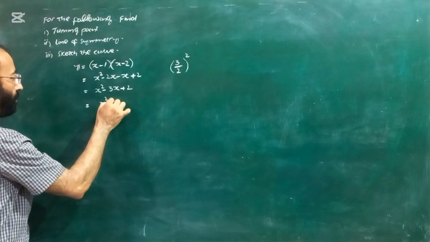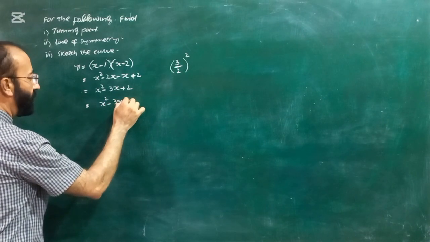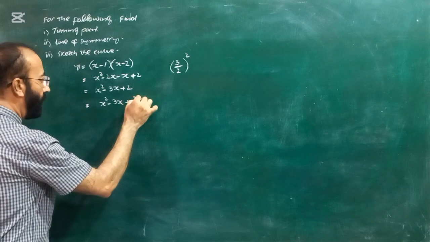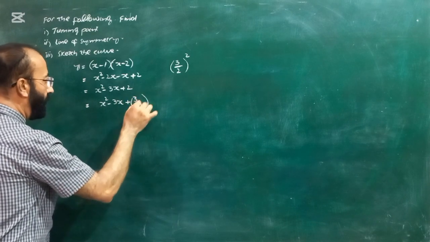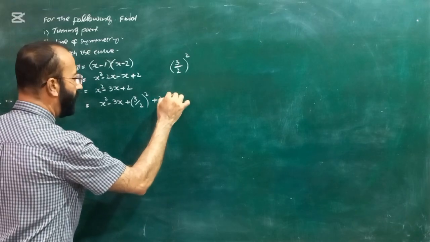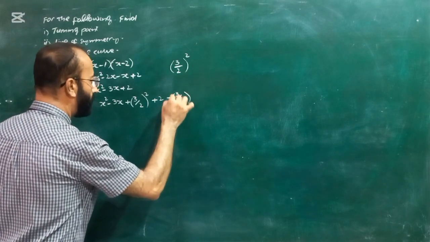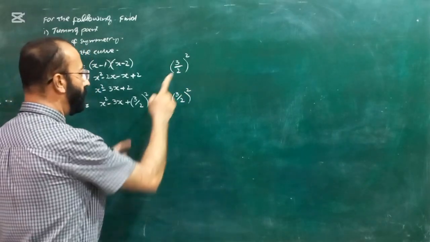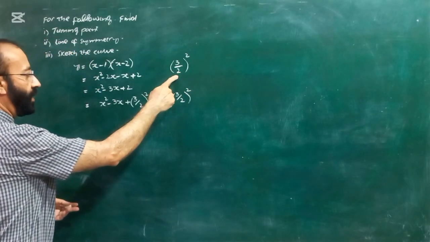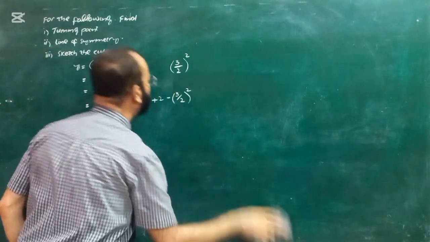So x square minus 3x, positive factor will be added here, and negative factor will be written with the constant value. So this is the factor which we have added and subtracted into the equation.